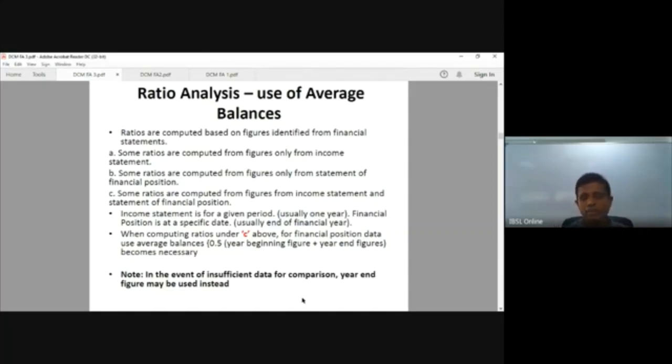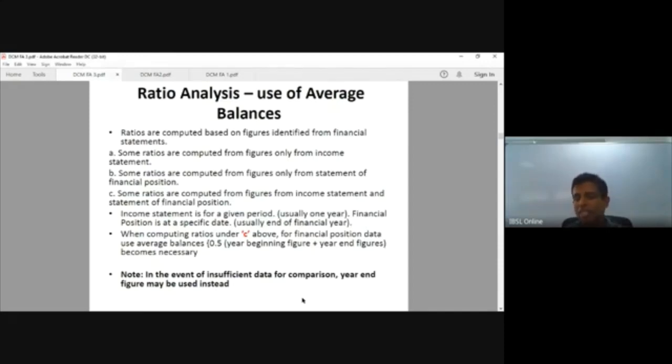When you take a snapshot or a photo, a few seconds before that moment and a few seconds after that moment, all the expressions will be different. Stance, facial expression, body language, everything is different. When you are taking a photo, your facial expression, your stance, your body language, everything gets reflected at that moment only. Before that moment, a few seconds, after that moment, a few seconds, your stance, everything will be different.